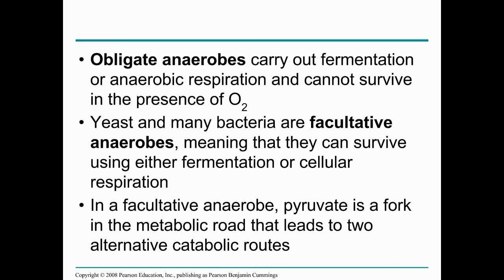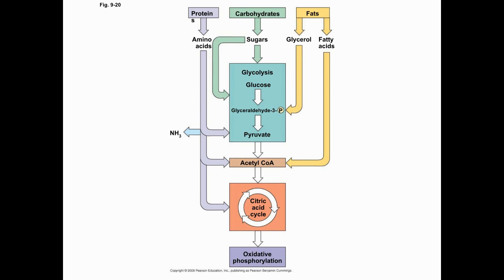That's it, except for one last thing. We talk about this in terms of glucose. However, we don't just eat glucose every day. Right? We eat proteins, we eat lipids, we eat all these other different ones. Glucose is what we talked about, because glucose kind of takes you through the entire process. This is just looking at aerobic respiration: glycolysis, the citric acid cycle, oxidative phosphorylation.